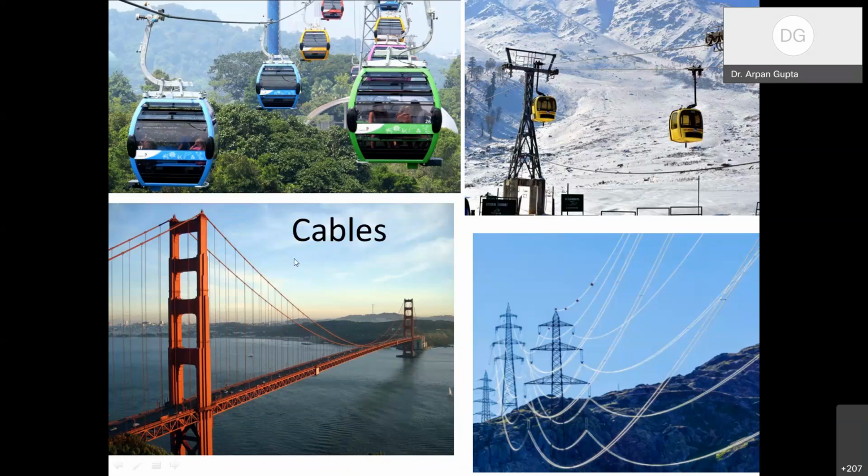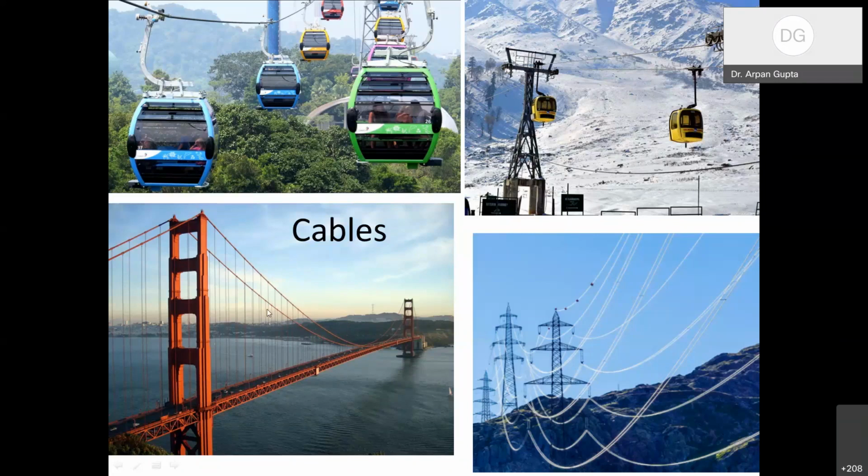The second type of problem is what you can see on the bottom left side of the figure, which is called a suspension bridge. This picture is, I think, from the US, some very famous bridge, but you'll find these bridges in many places.